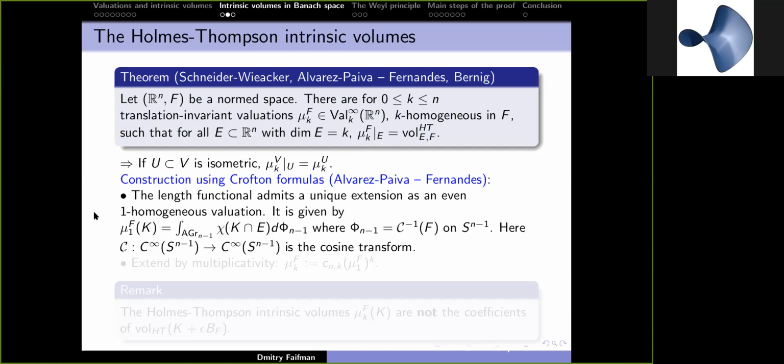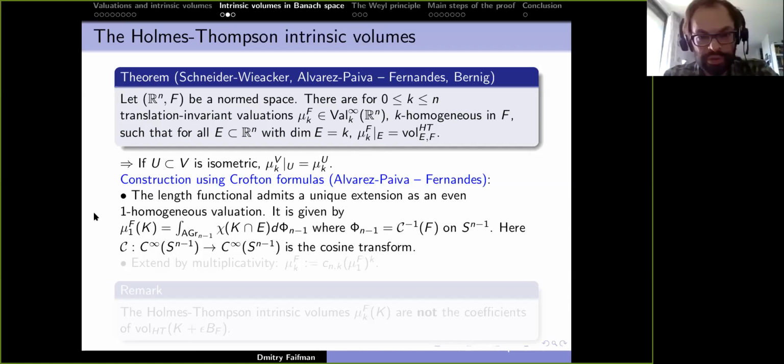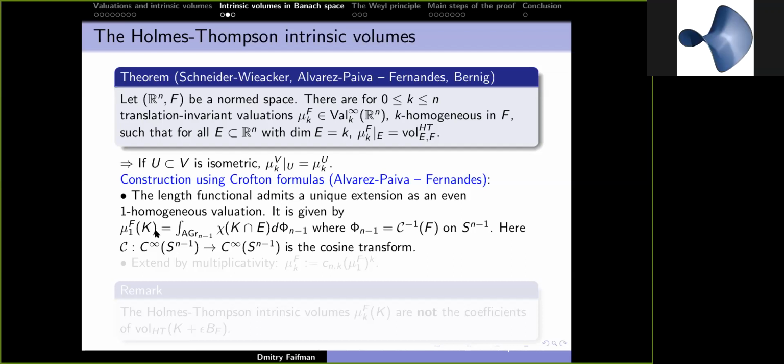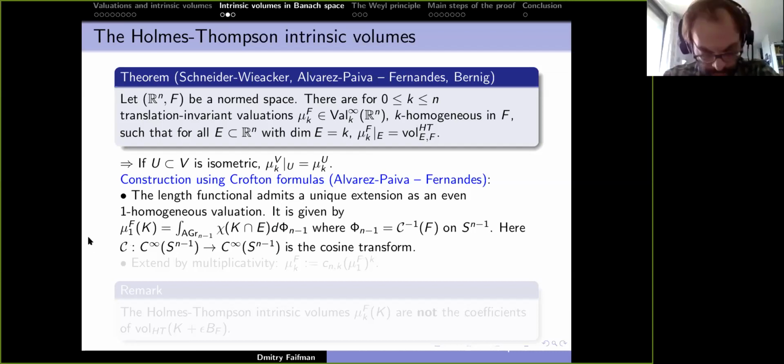Is the norm supposed to be symmetric in this case, or can it be asymmetric? It's a very good question. Here I only discuss symmetric norms, but I would expect you can do things also for non-symmetric ones. And so this Klain theorem, yes.